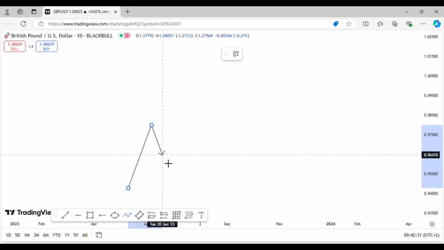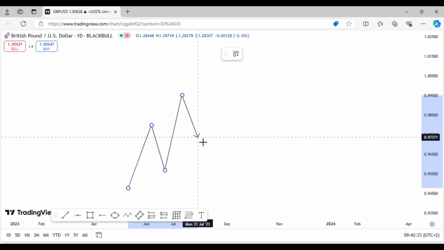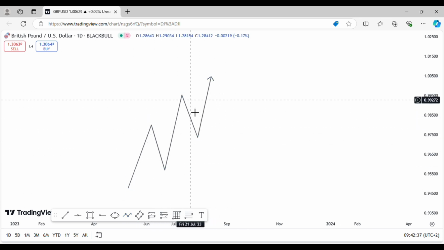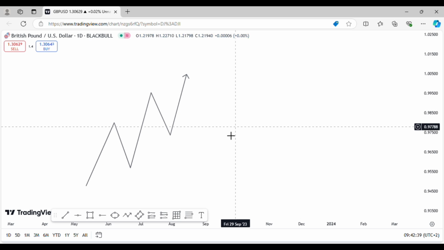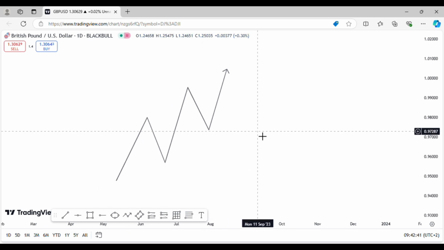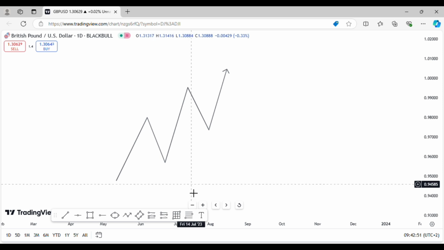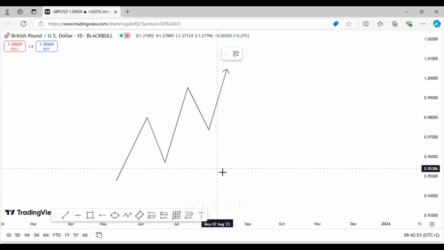So let me show you again what I would like you to know. We have an uptrend, as you can all see, and then we have an impulse and a correction. Corrections can also be traded on smaller time frames, such as 1 minute or 5 minutes. But once you get to 1 hour, I'd really advise you to just trade the impulse. You have to follow a trend, guys, in order to stay profitable and avoid blowing accounts.